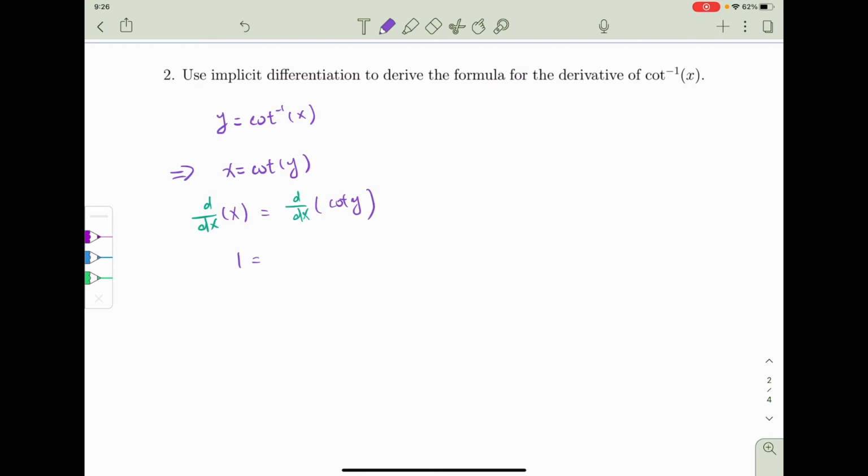The chain rule here, you have 2 layers. For the first layer, that is the cotangent function. We know that the derivative for the cotangent function is negative cosecant CSC square of y. And for the second layer, that is the derivative of the inside function with respect to x, so that is dy over dx.